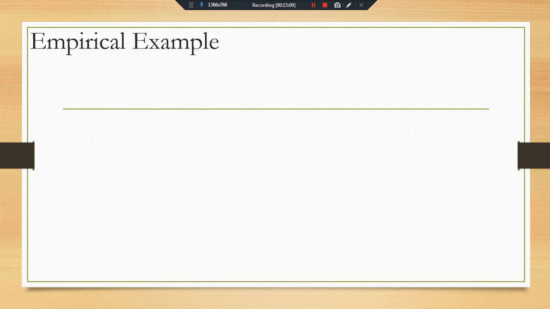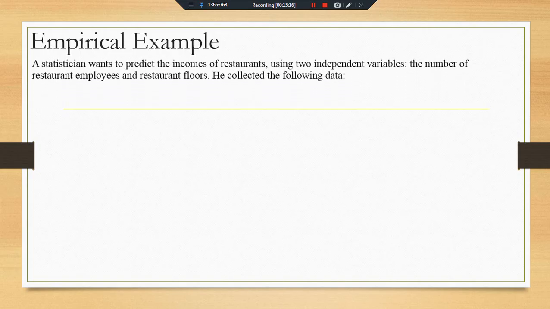Here we have an empirical example of multiple linear regression. A statistician wants to predict the income of restaurants using two independent variables, the floor area of the restaurant and the number of restaurant employees.